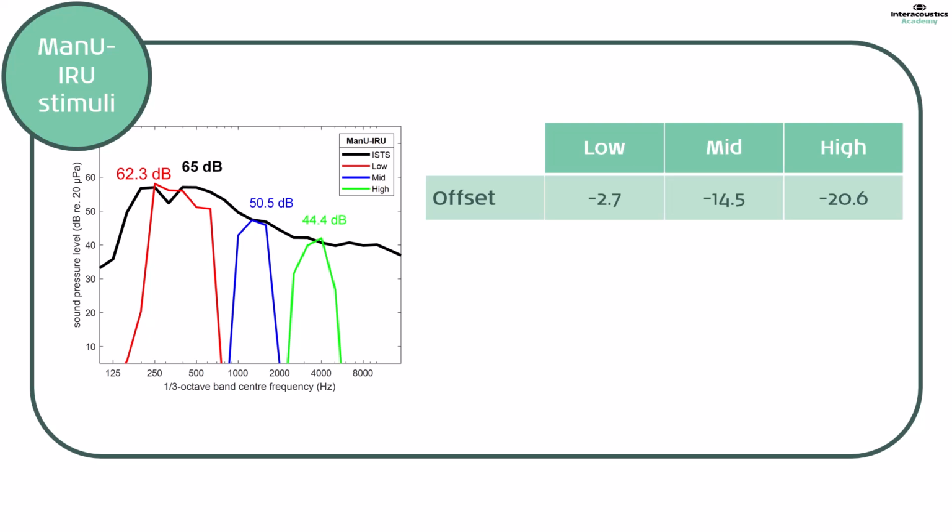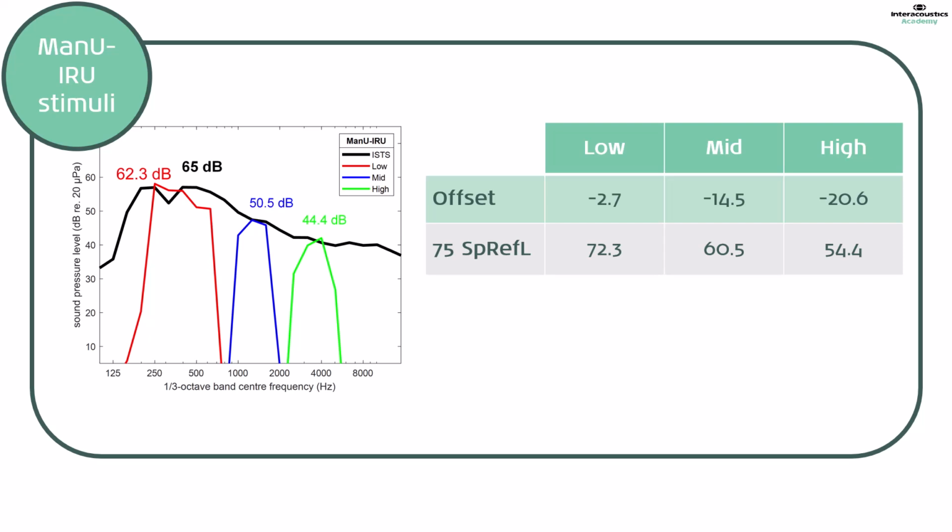This is the difference between the ISTS level and the level of each individual Manu-Iru stimulus. We can see the biggest difference is in the high frequency, which makes sense because these are the quietest sounds that will be found within natural speech and within the ISTS.